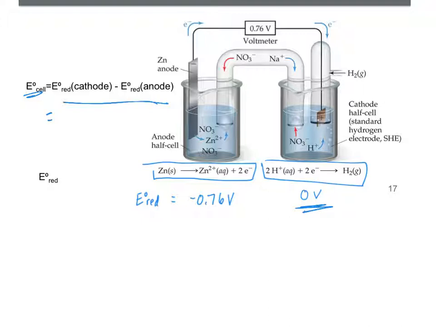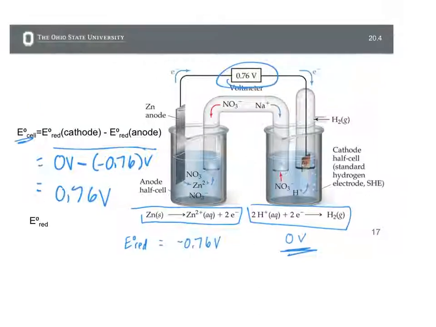So we'll use 0 volts here for our reduction potential at the cathode, minus the reduction potential at the anode, negative 0.76 volts. And so our cell potential is 0.76 volts. And when you take a voltmeter and measure, that's what you're measuring. You're measuring the cell potential, and that's what this is trying to show you here.